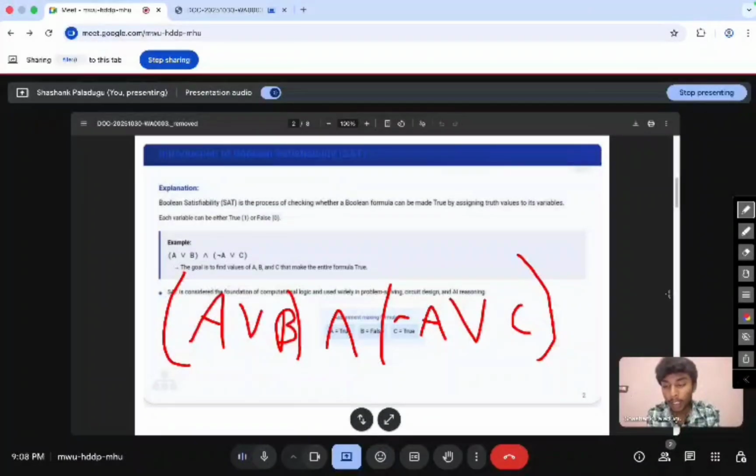In the second part, not A or C is equal to true or true, which is equal to true. Are you getting it? Both are true, so the whole formula becomes true. This is how it works. I think it's clear. I'll just remove this.